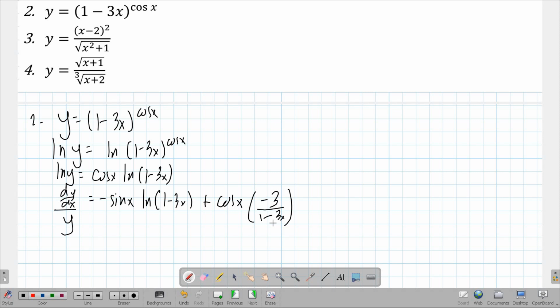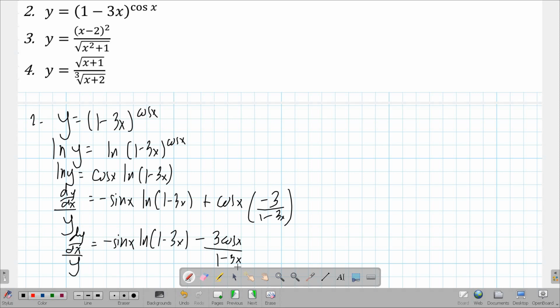Simplifying this, we get dy over dx all over y is equal to negative sine x ln of 1 minus 3x minus 3 cosine x all over 1 minus 3x.